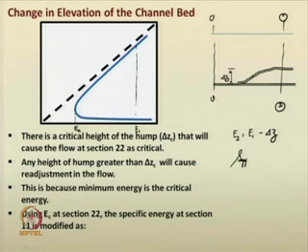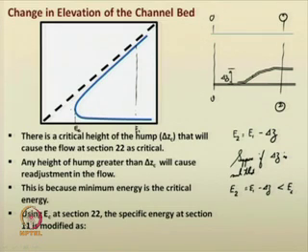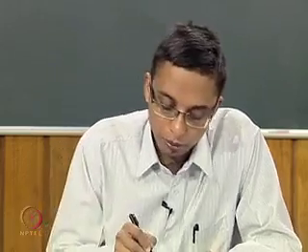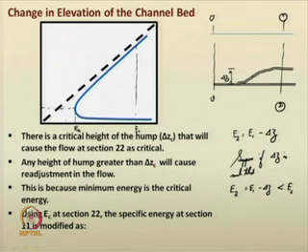Suppose del z is such that E2 becomes less than the minimum specific energy at that section. What happens? Theory tells us that the energy cannot fall below the critical energy, so E c you need to maintain.